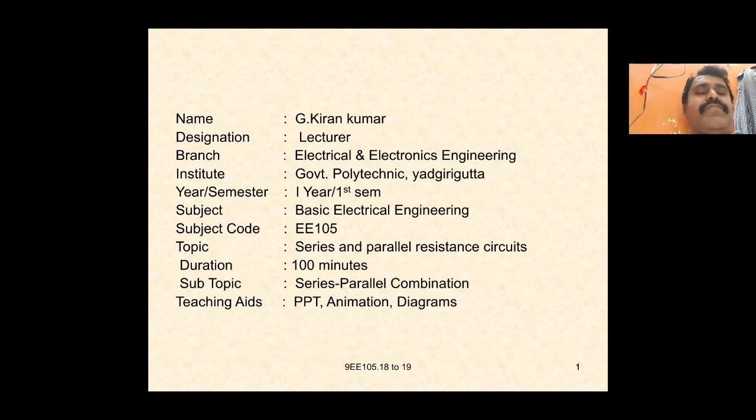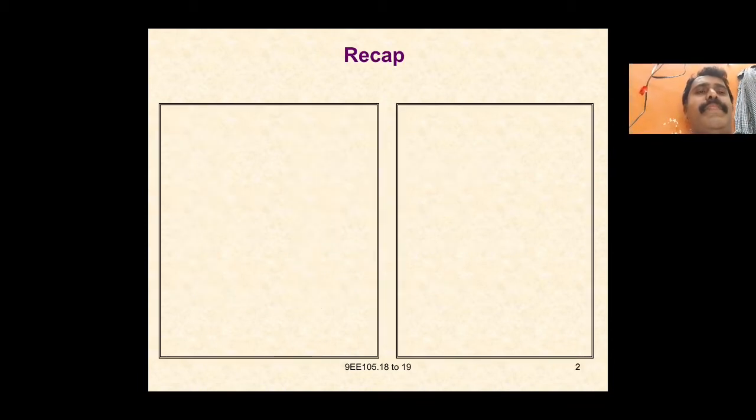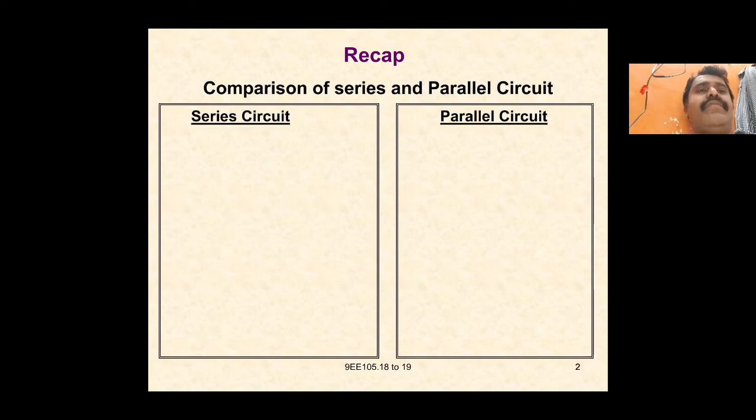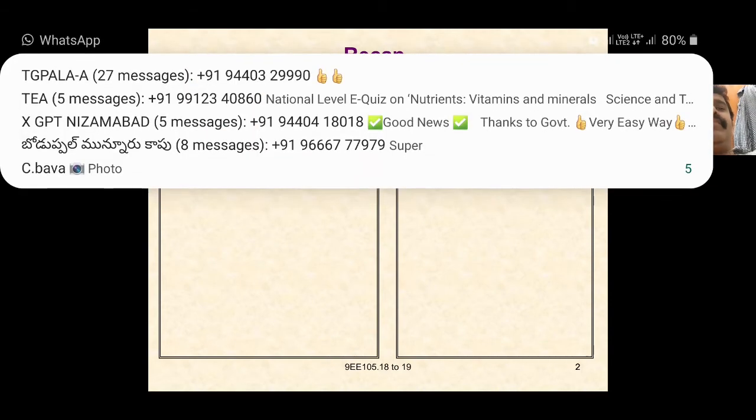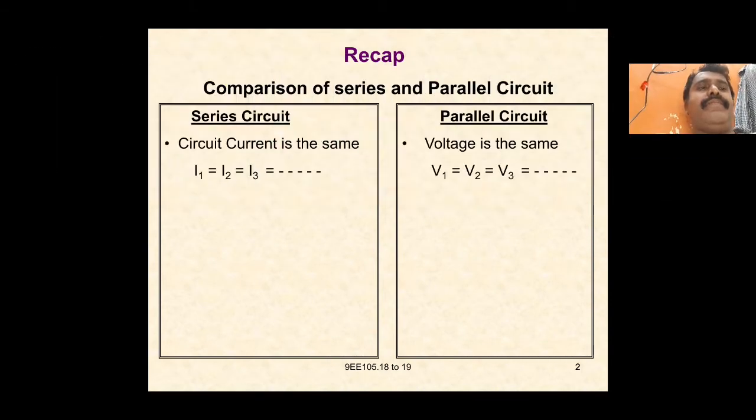Now we see the subtopic series and parallel combination. In a series circuit the current is the same, and in a parallel circuit the voltage is the same. I is equal to I2 is equal to I3, and V1 is equal to V2 is equal to V3.